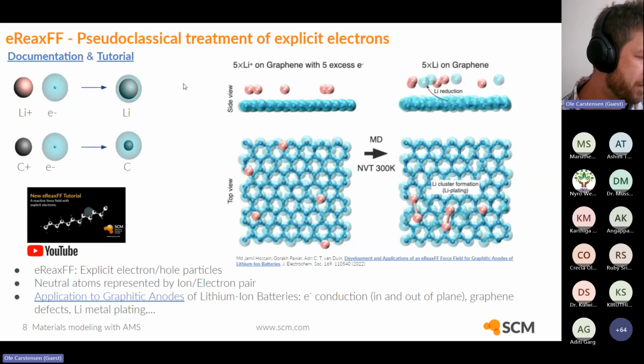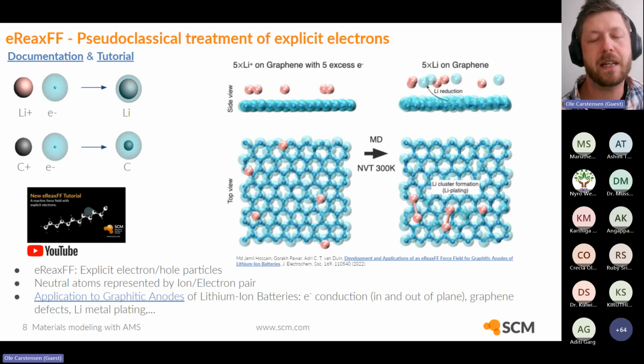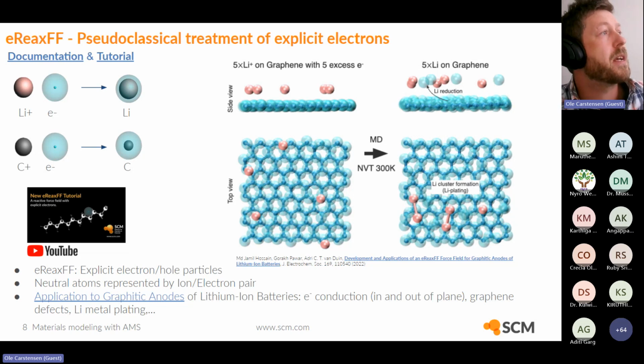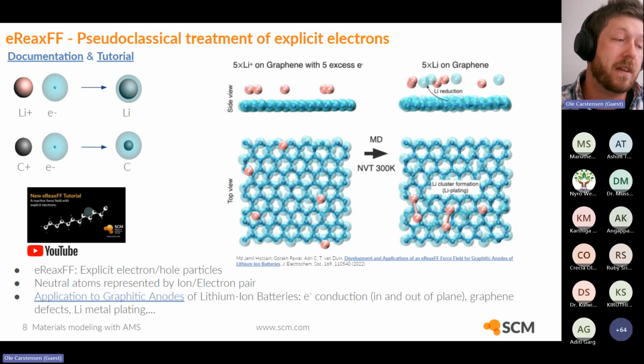From practical considerations, you basically change the way you represent the atoms in your system. Before, in the previous simulation, we had neutral lithium atoms and neutral sulfur atoms. You can have polarization effects in these ReaxFF calculations, but you cannot really study redox reactions, at least not with the standard force fields.